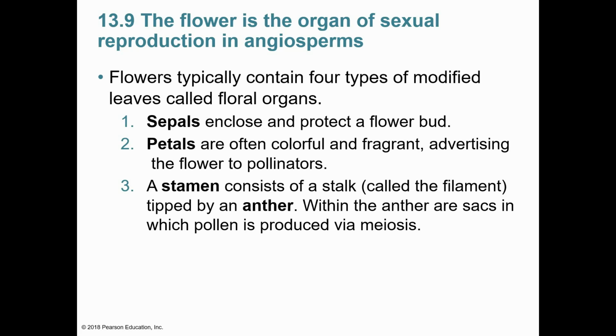The other portions are the reproductive portions of the flower. The male portion is the stamens, and the female portion is the carpel. And so the male portion, the stamens, as we have learned, consists of two parts, the filament and the anther. The anther contains the sacs where pollen is made, and the filament props it up.